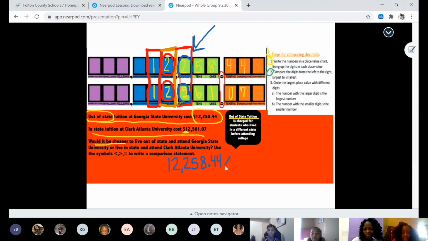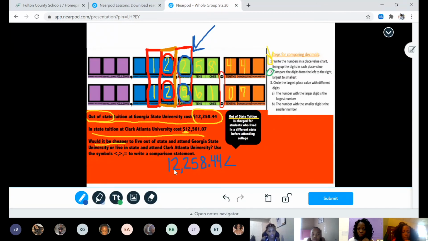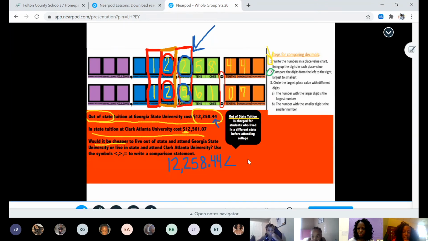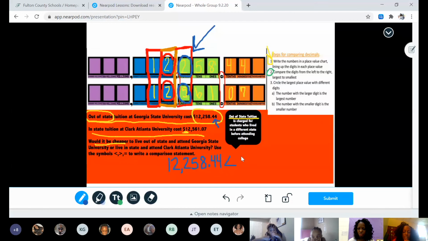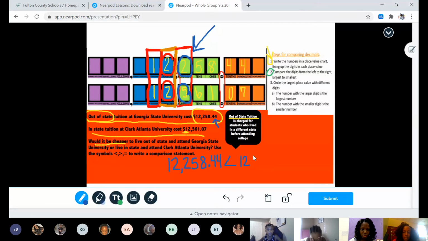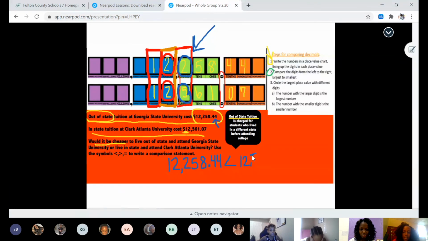Yep, I need the less than sign. Now tell me, right here I got 12,258 and 44 hundredths, and that's for Georgia State. It's less than what? Read me the other number. 12,561 and 7 cents. Good.